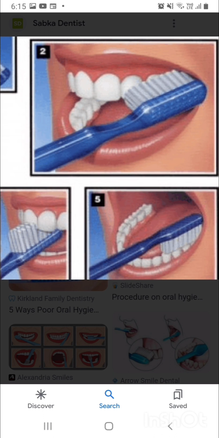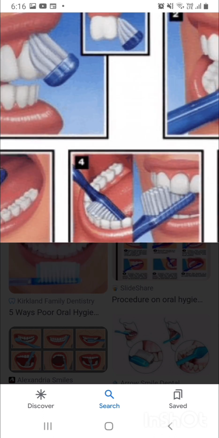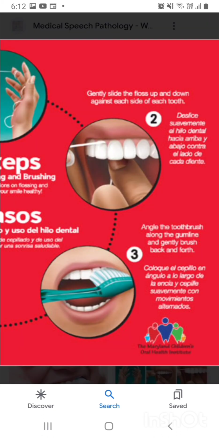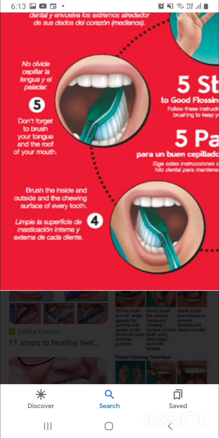And how do we prevent it? The only most positive way to prevent gingivitis is ensuring a good dental health practice. Okay, and how do we ensure a good dental health practice?